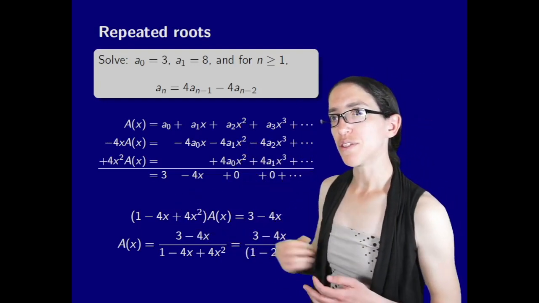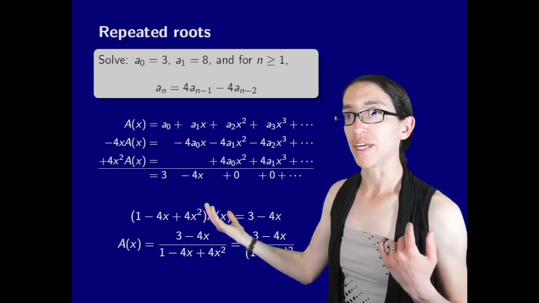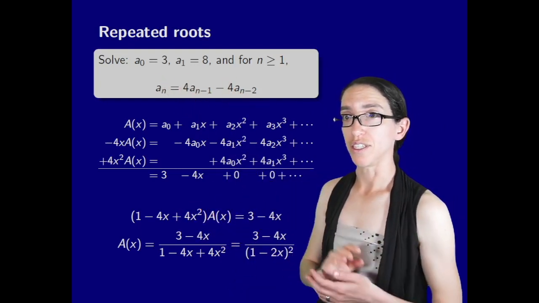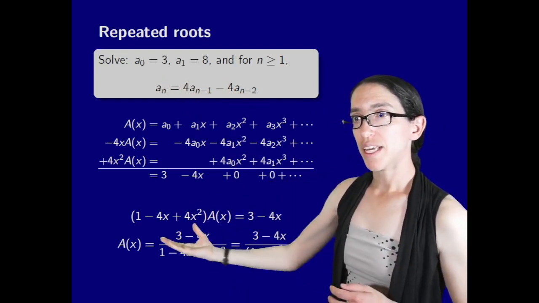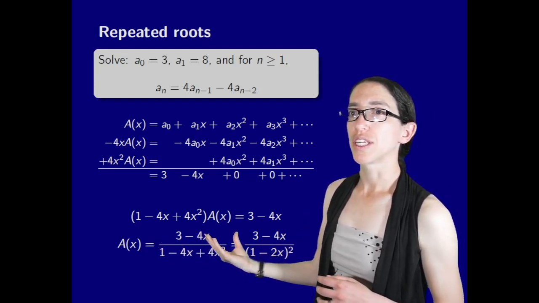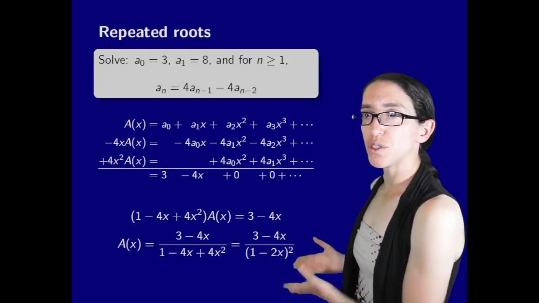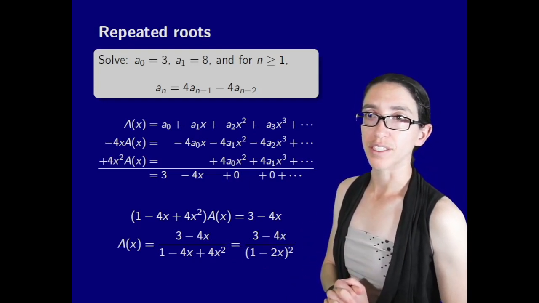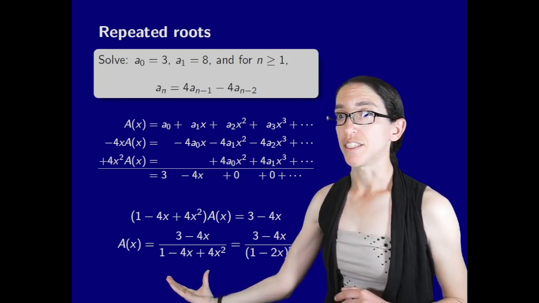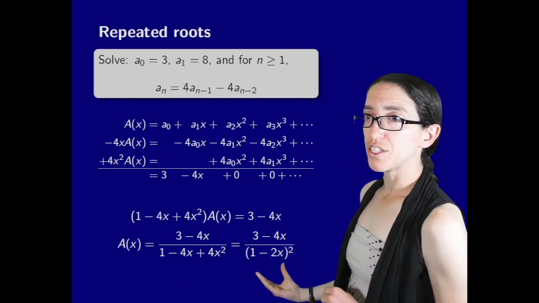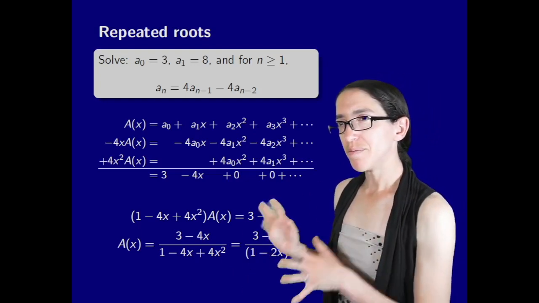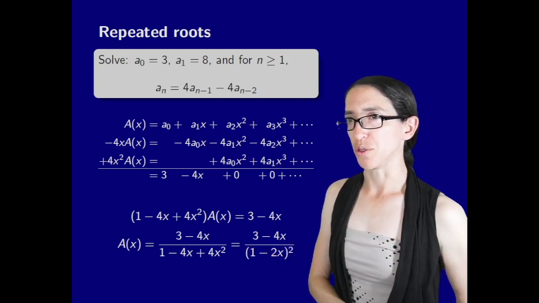You're just left with these first two columns, which simplify to 3 minus 4x when you plug in the initial conditions that are given. That means that (1 minus 4x plus 4x squared) times A(x) equals 3 minus 4x. We solve for A(x), and we have a closed form for the generating function. The problem is, in this case, the denominator factors as (1 minus 2x) squared. That needs a different partial fractions approach than the other one.